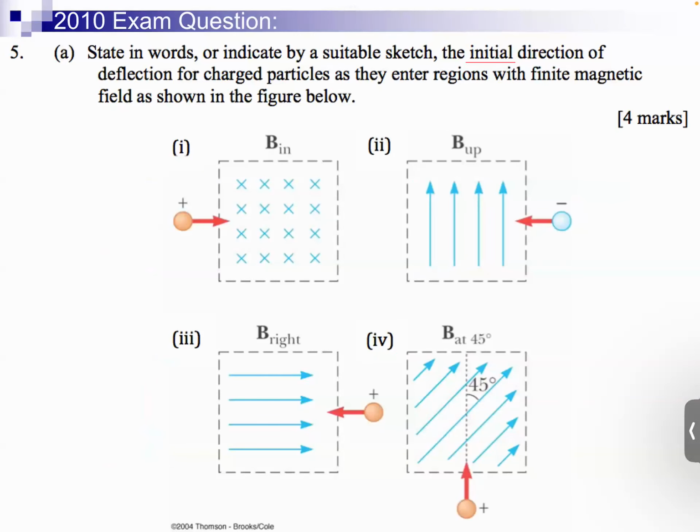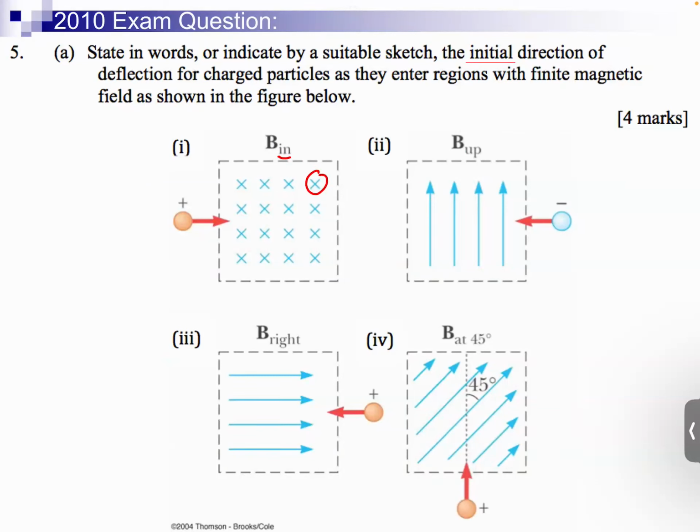So let's do a little bit of practice. You have here some charges. They're either positive or negative charges. They enter a region with magnetic fields, represented by B. Each of the magnetic fields has a direction indicated, like B in means the magnetic field is into the page.